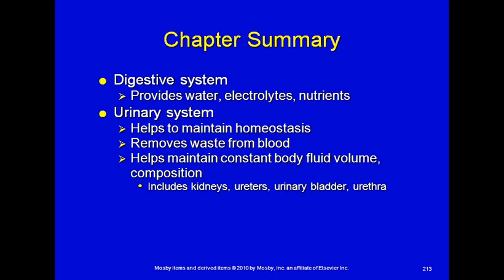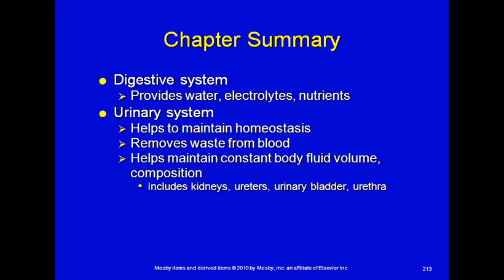We looked at the digestive system and how it's important in extracting. The digestive system extracts the liquid and water that we take, and it actually extracts electrolytes and nutrients. We also looked at the urinary system and how it's important in helping us maintain homeostasis by certainly excreting things that we don't need and retaining things that we do.